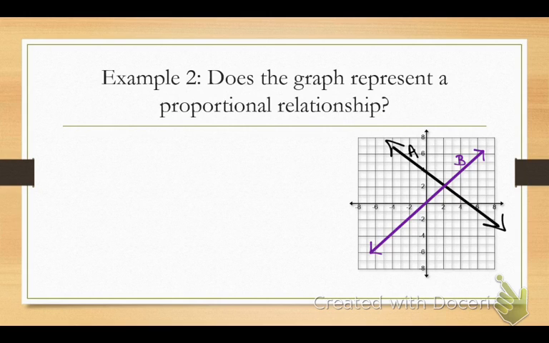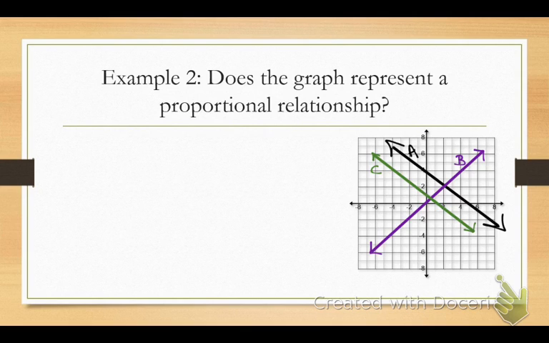Okay, so we've got this one right here. All right, so here's my 3 lines, okay? Lines A, B, and C. On your notes, I want you to tell me which one of these represents a proportional relationship.